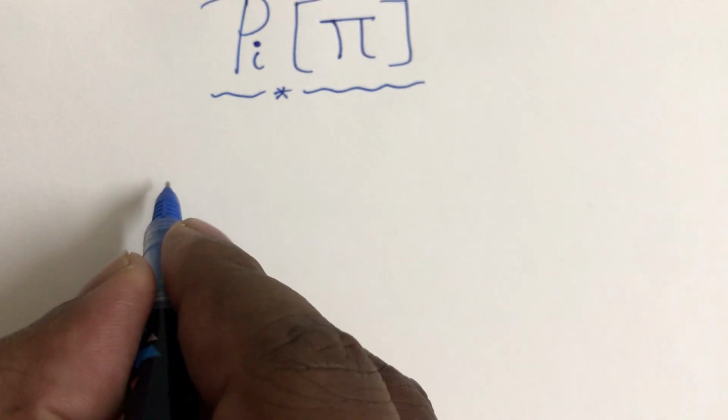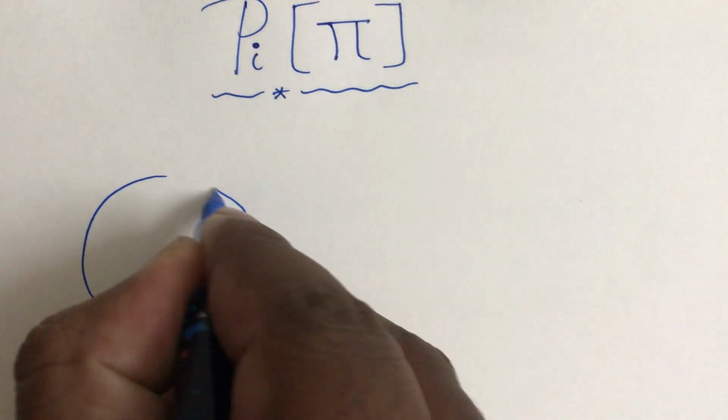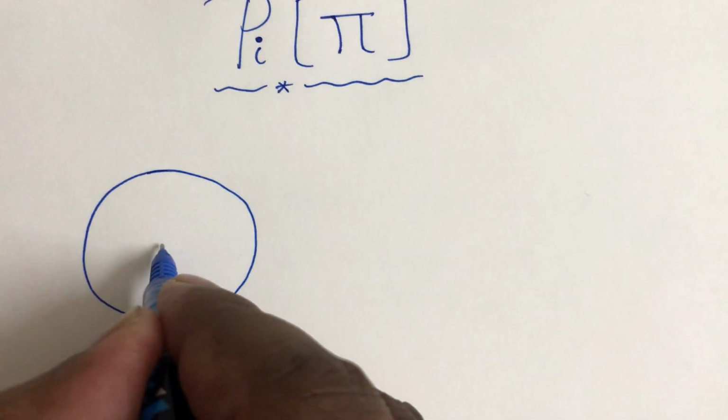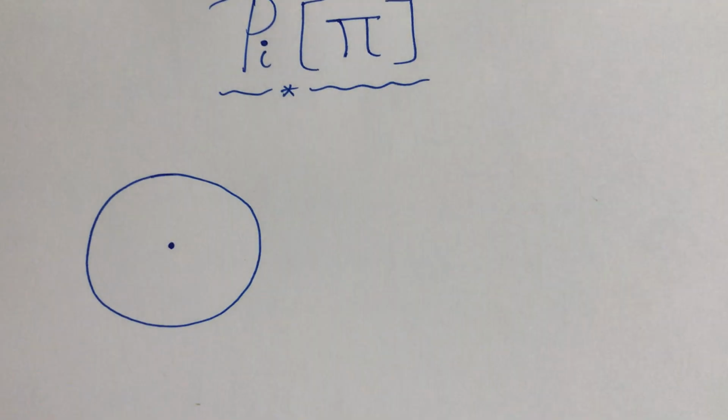Okay, so let us consider a circle. This is the center point of the circle.